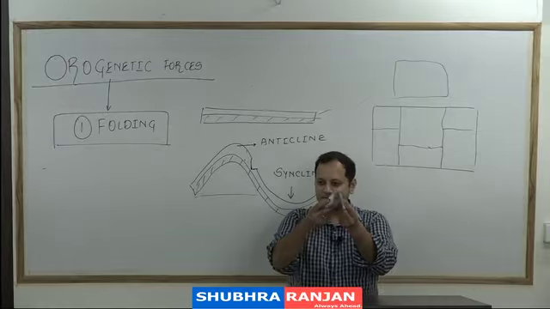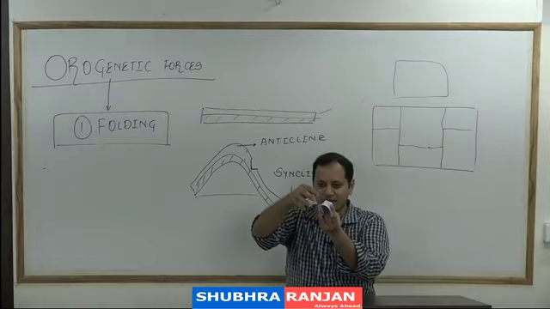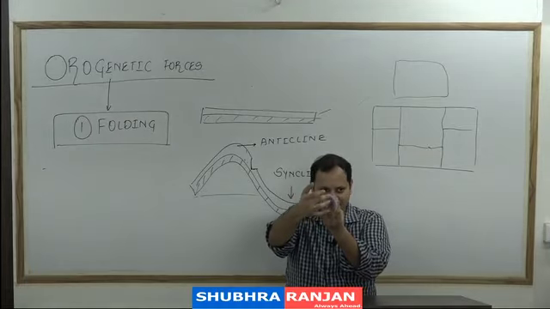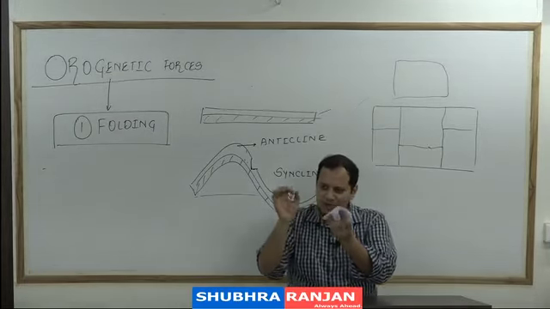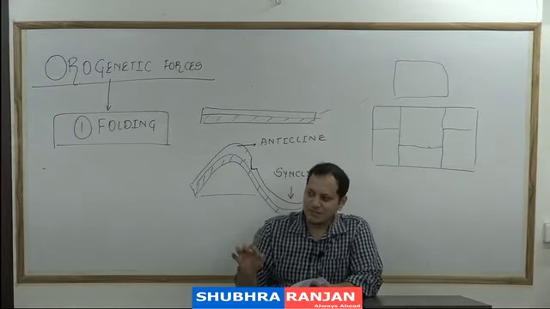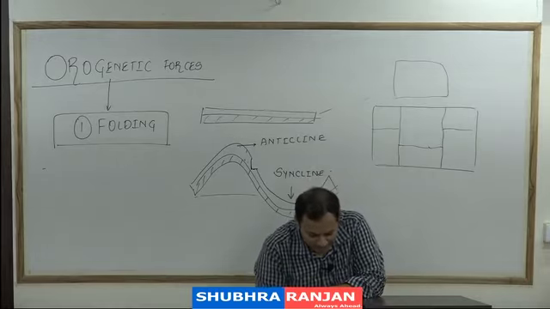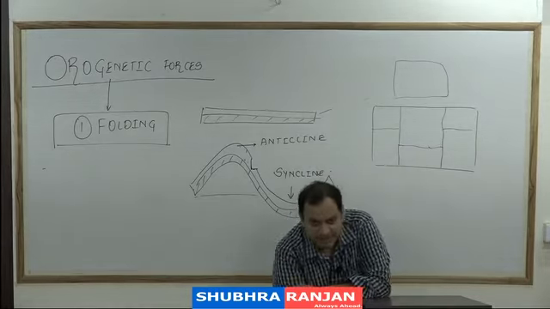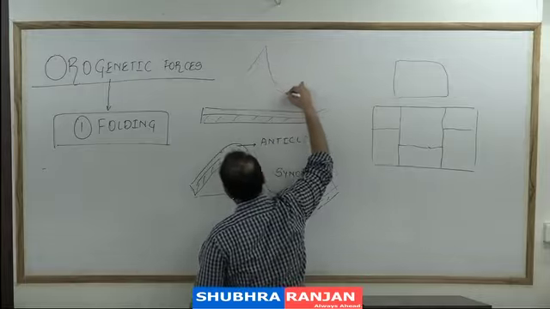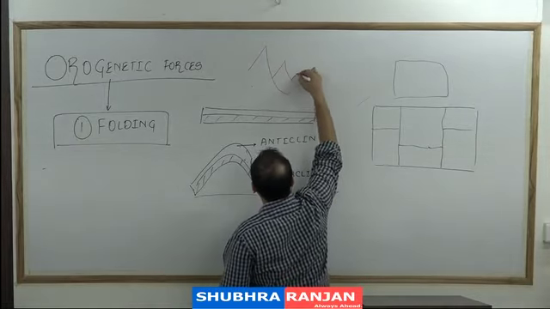Folding: if more force is applied, there will be more folding. So what is this? Anticline and syncline. Getting it? So it is very obvious that in folding there will be anticline and syncline because forces are continuously being applied. Now where do we see this in real life? Himalayas: Greater Himalayas anticline, then a syncline, then Middle Himalayas, then Shivaliks.